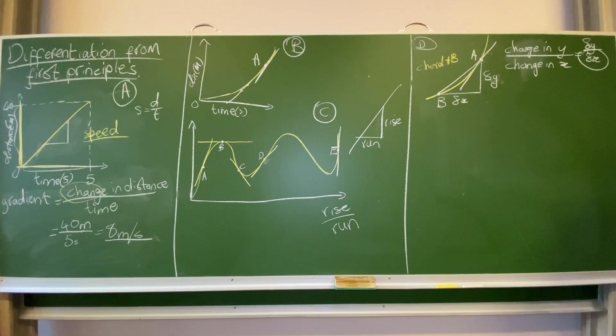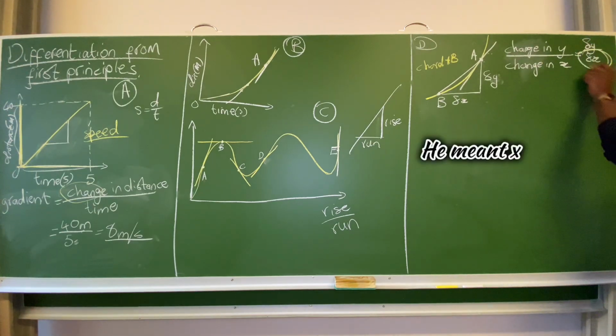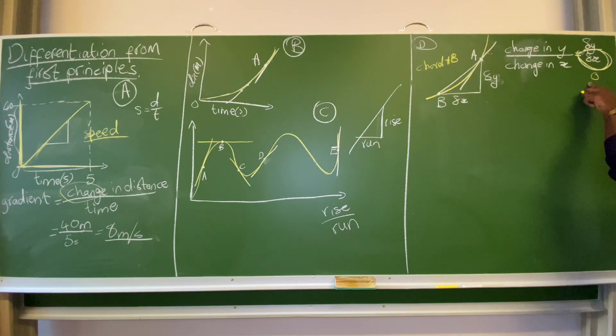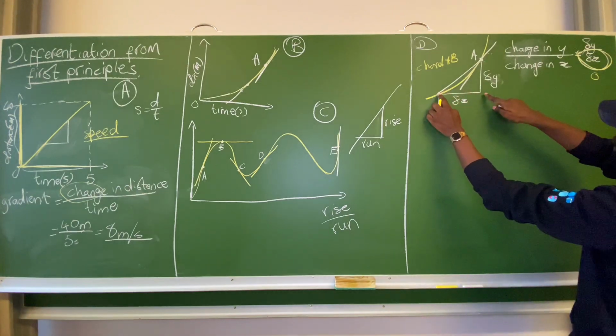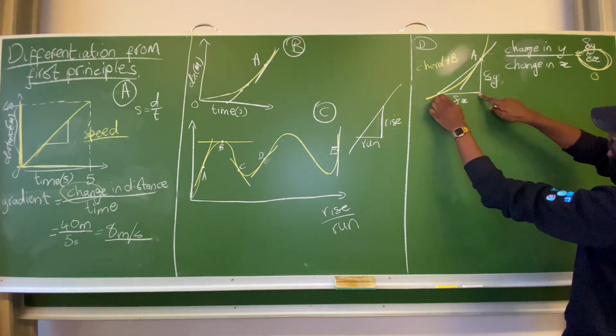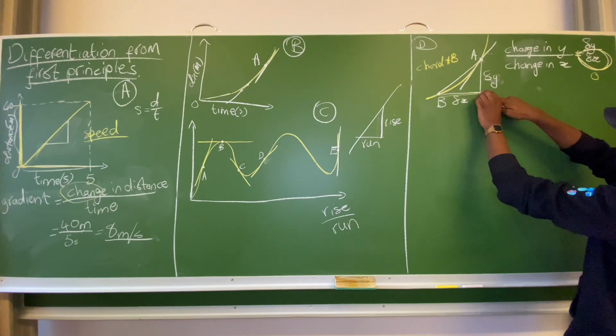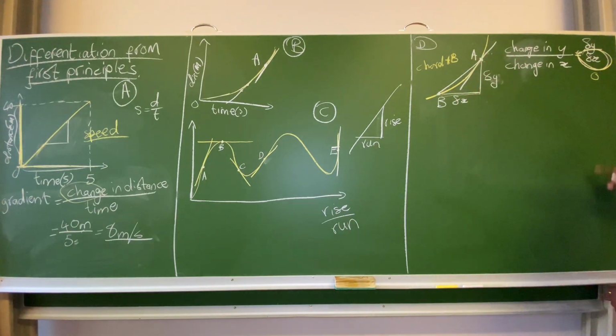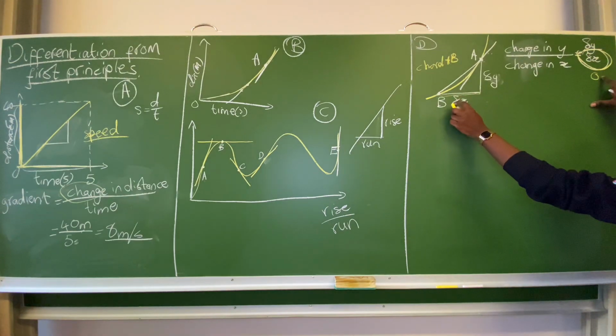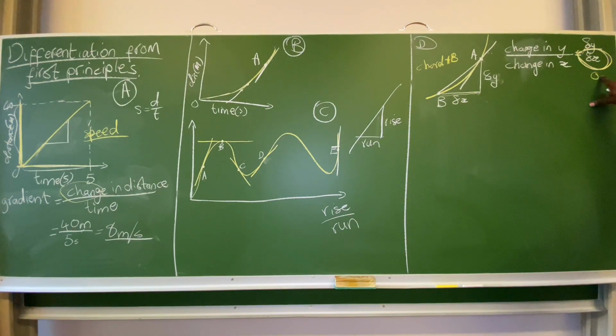Now, this change in Y, let me show you with the little chalk. We cannot let it get to 0, because then the division by 0 will not give us a value that we want. So we try not to get to 0, but try to approach A as much as we can. This distance, as it reduces, we try to get as close to A as possible, but not let the change in X be 0.